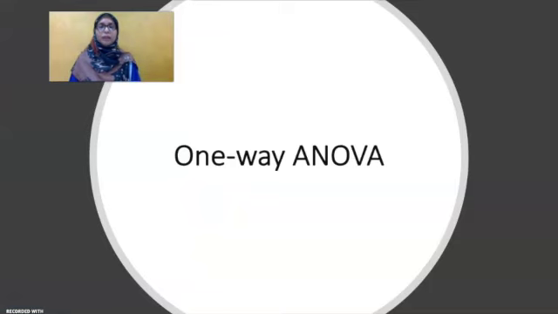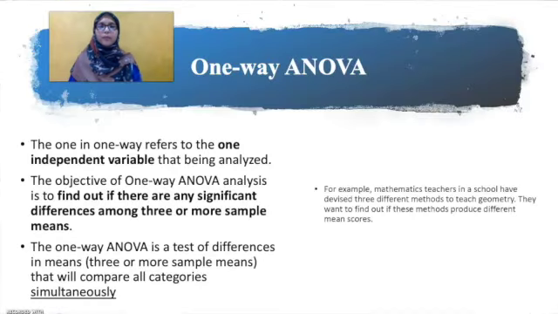Now let us look at how we can do a one-way ANOVA. In one-way ANOVA, the one in one-way refers to the one independent variable being analyzed, just like what I have explained before. The objective of one-way ANOVA analysis is to find out if there are any significant differences among 3 or more sample means, which refers to your independent variable.